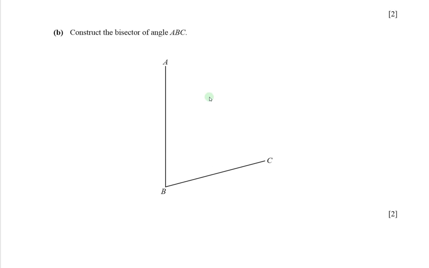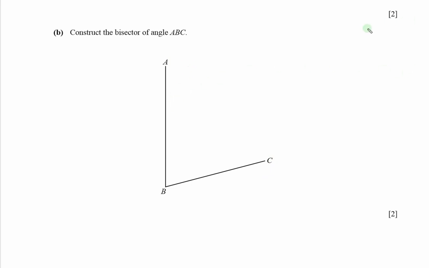Okay, angle bisector. The angle bisector of angle ABC means this is equidistant from BA and BC, so it's equidistant from two lines.